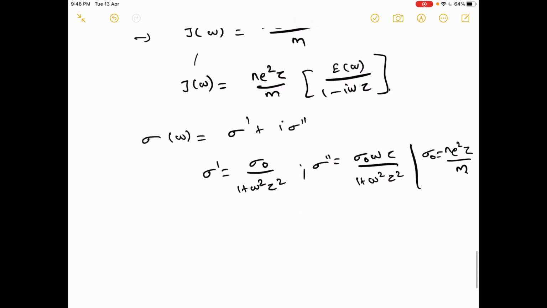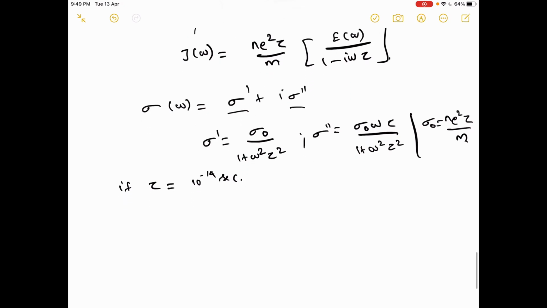So basically the conductivity of a material under electromagnetic radiation is a complex value, and it has this real and imaginary part. If we know the typical values of tau to be about 10 femtoseconds, which is about 10 power minus 14 seconds, then if the frequency of the excitation or the electromagnetic radiation, omega, is small, sigma prime is much larger than sigma double prime.